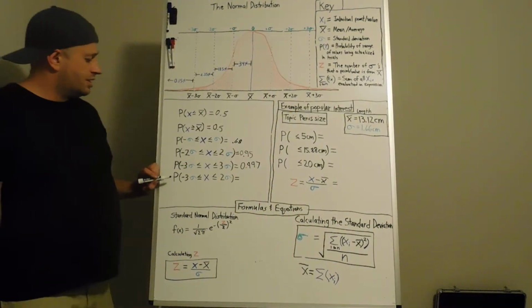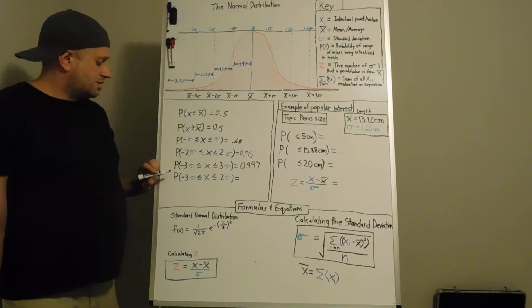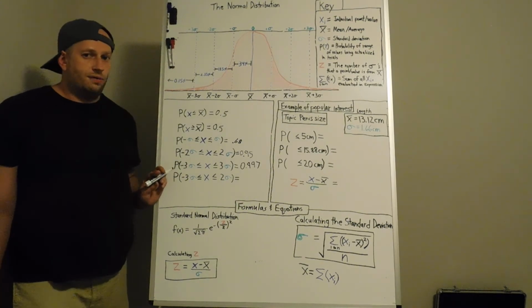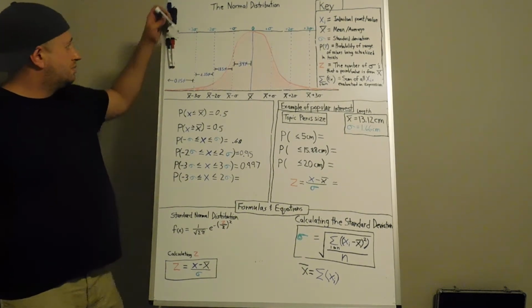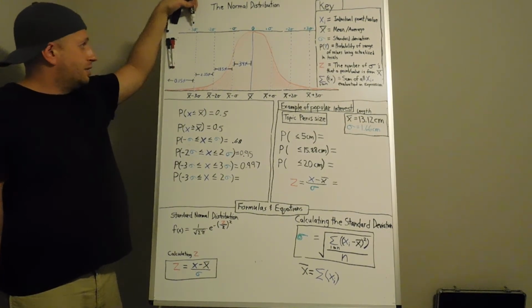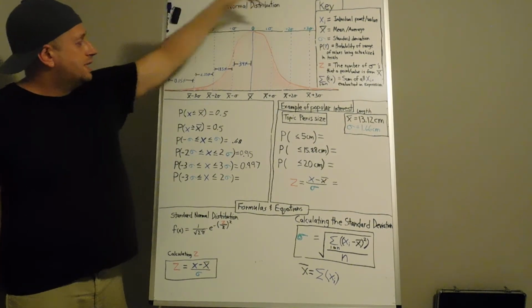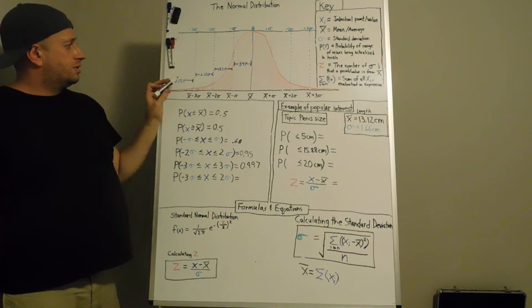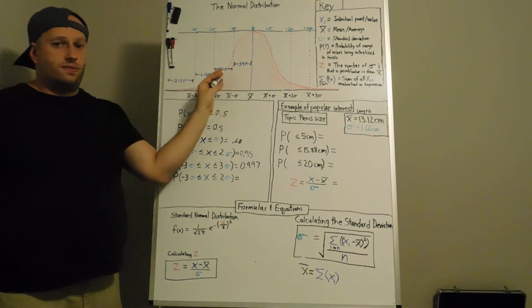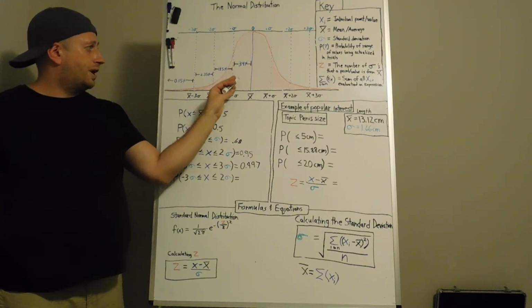This one switches it up a little bit. What is the probability of having a point between the -3 standard deviation, which would be right here, and the +2 standard deviation over here? Well, we've got to add up the area again. On this side, we just did this, that's 47.5.